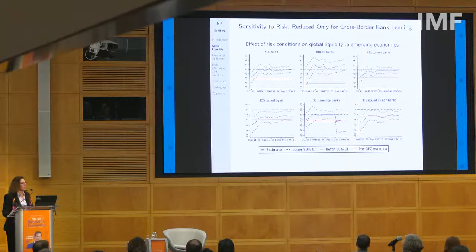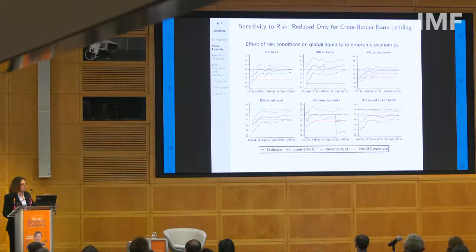As you look at these exhibits, remember, we generally expect that when risk conditions deteriorate, there's going to be a decline in these types of global liquidity flows. So how big are those declines? The orange lines in each of these exhibits show us the pre-global financial crisis sensitivities.